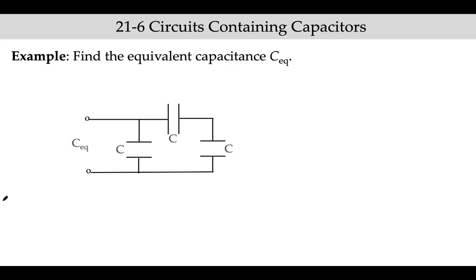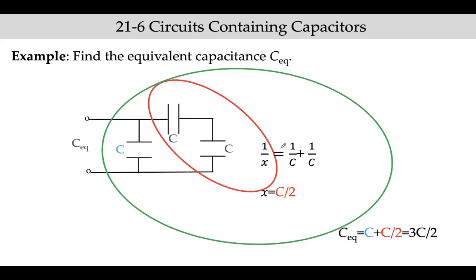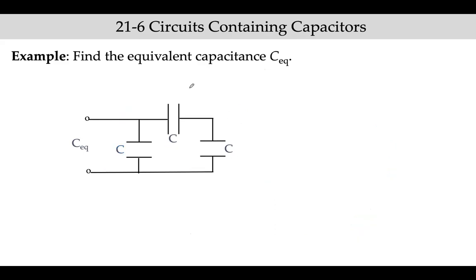Okay, find the equivalent capacitance here. First, you notice that this part, they are in series. The reason that we start from this part is that it's the only thing that we can do, right? Because these two are neither parallel nor in series, because there's this cable that goes this way.